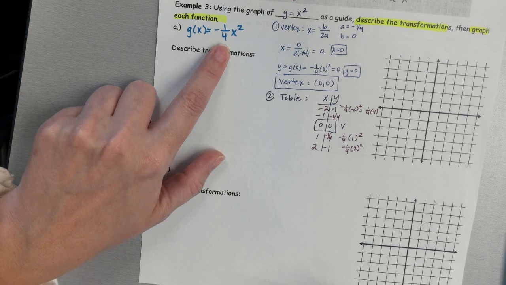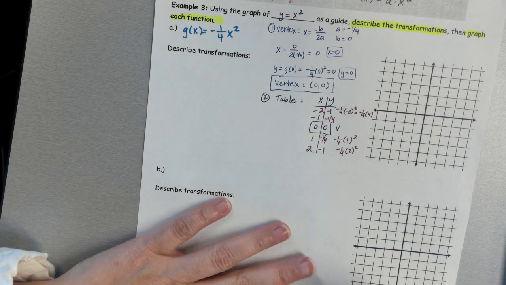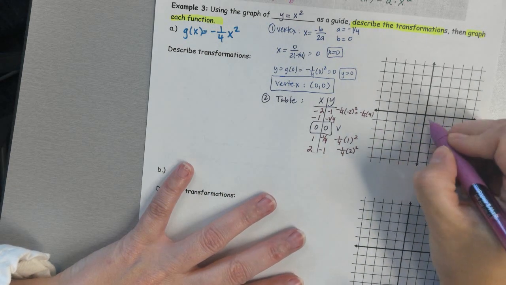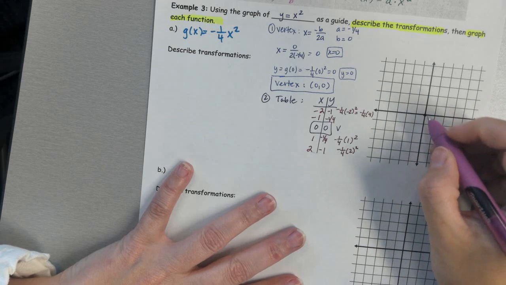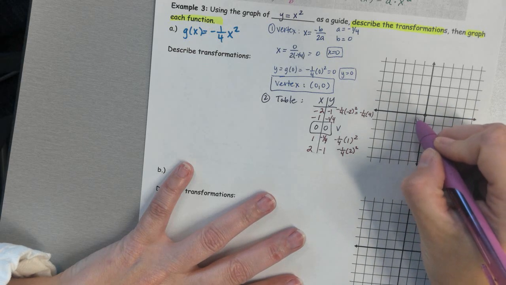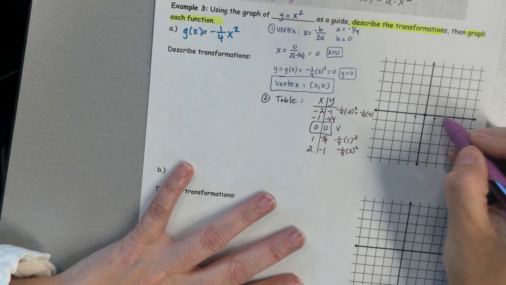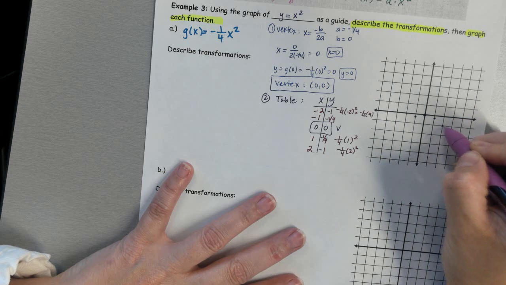Sometimes when you're constructing the graph, you might want more points so that you get a good picture. So I get 0, 0, negative 1, negative 1/4, positive 1, negative 1/4, and 2, negative 1.